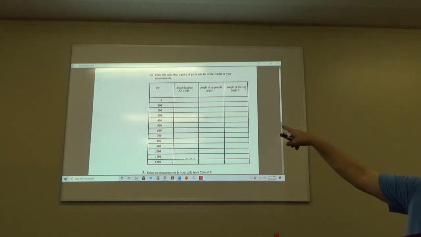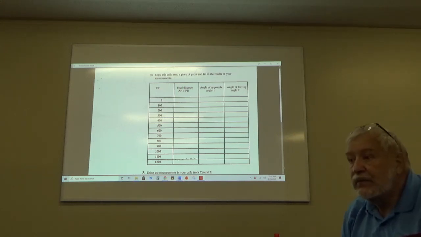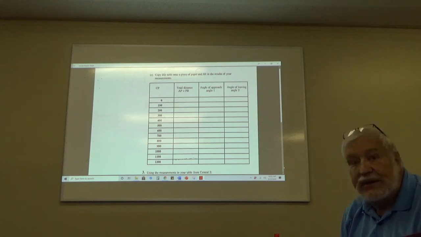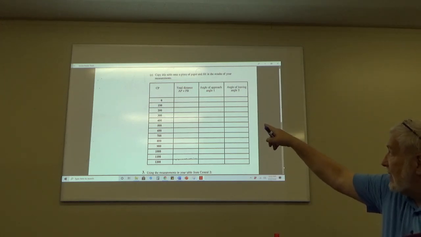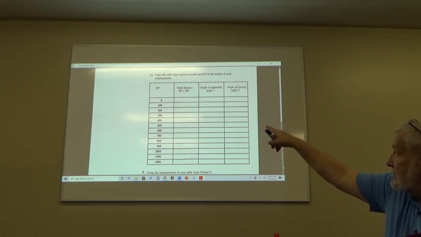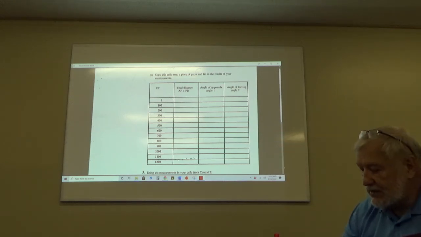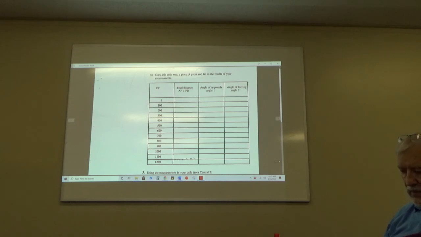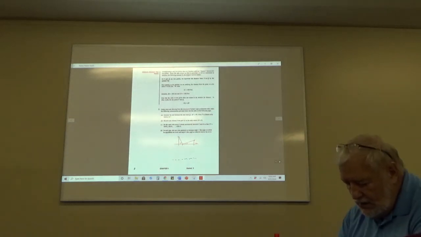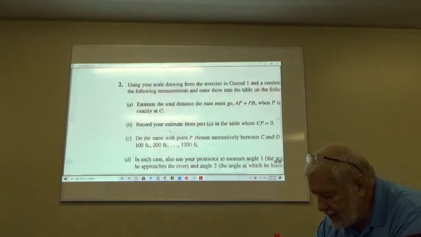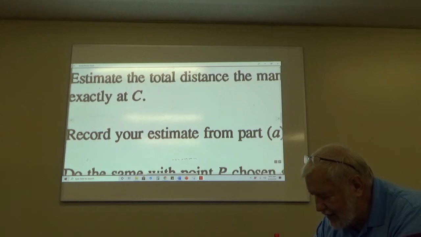And you notice that the first column says what? C to P. All right? And so that's the first thing that you have to find out. Where does that begin? Whoa, look at that.